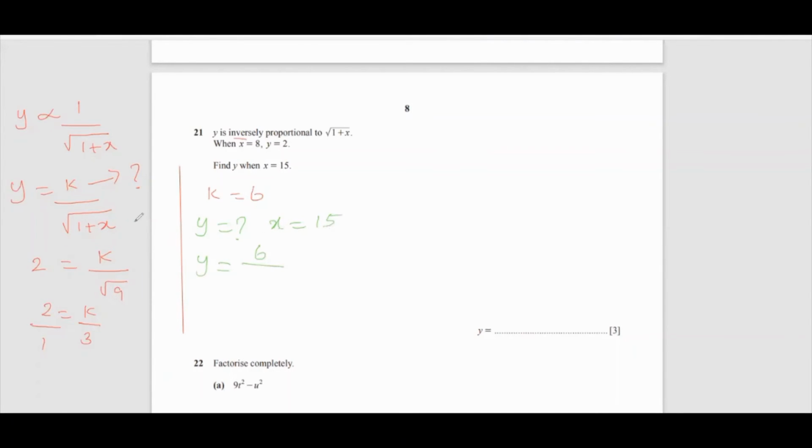The x is 15, so 1 plus 15 is 16. The square root of 16 is 4, so y equals 6 over 4. If you simplify, 3 times 2 over 2 times 2, the value of y is 3 over 2.